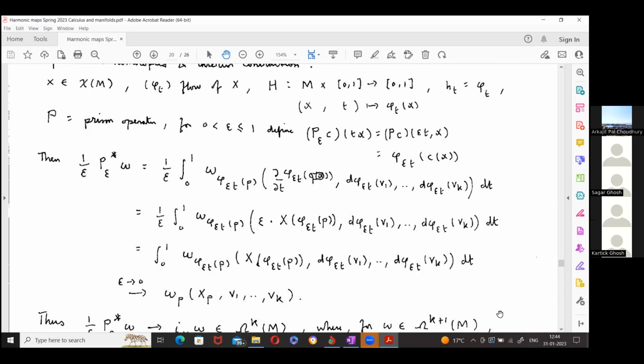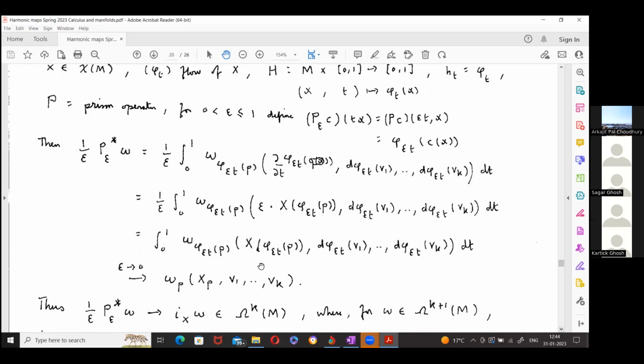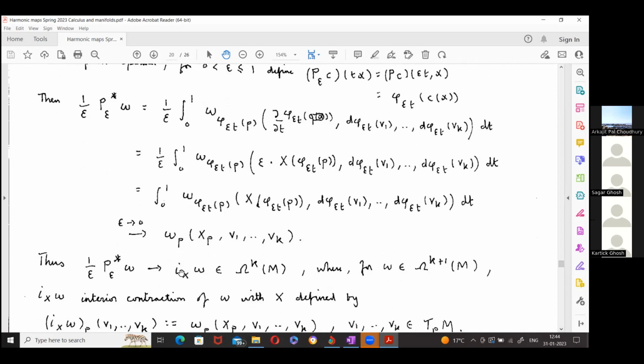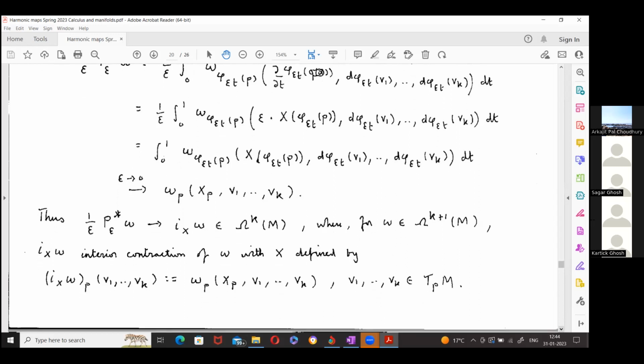And this you can see is a k-form applied to v1 to vk. This is a k-form called the interior contraction of omega with X. When omega is a (k+1)-form, then I_X omega, the interior contraction of omega with X, is defined by putting X in the first slot and letting omega act on the remaining k vectors.